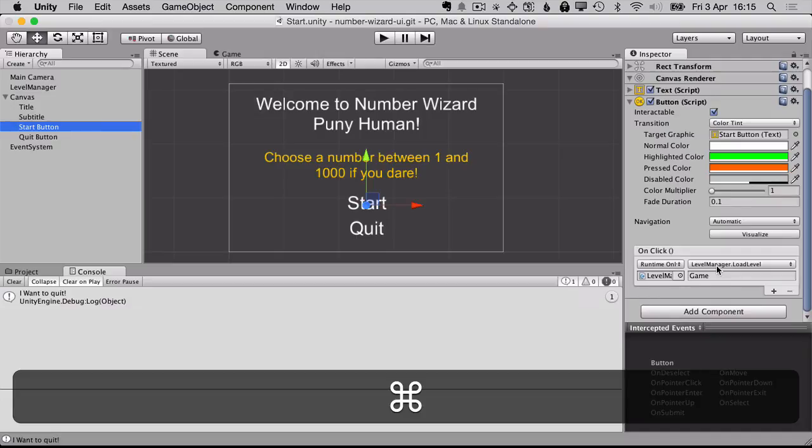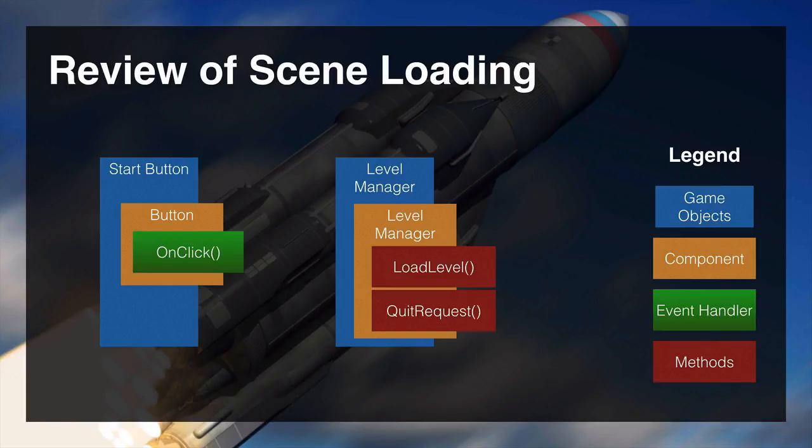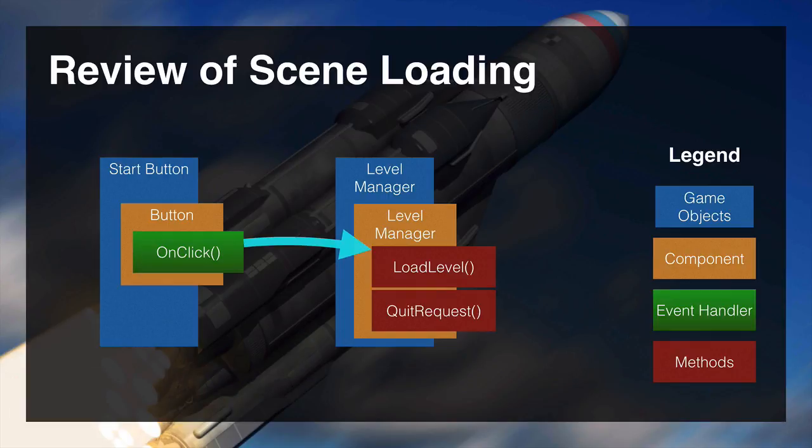So that's the next thing we want to think of, is there is now a function in level manager, and what happens is the on-click event handler has a reference to that function, and whenever the button is clicked, it actually calls it. So that's actually what's happening in the game and how things are wired together in our scene.